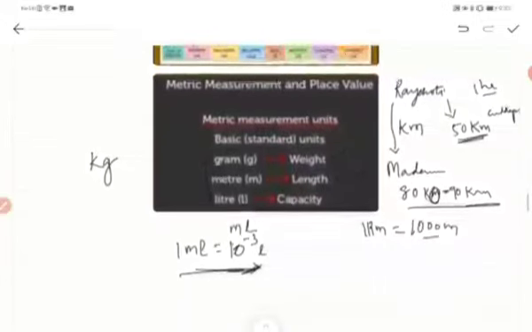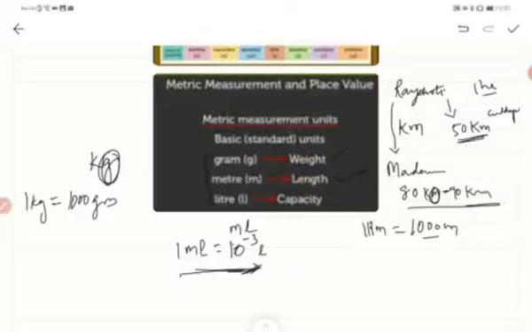All these things you hear in your daily life. Gram is a basic unit, and kilo is 1,000, so 1 kilo is nothing but 1,000 grams. 1 quintal of rice, you say, right?